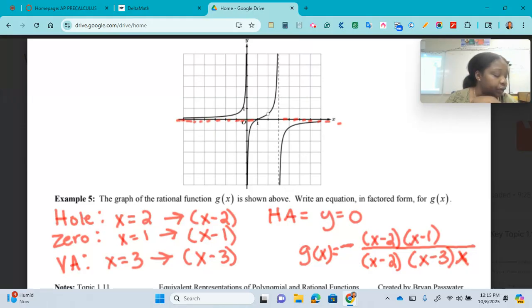And it's a negative rational function. There it go. Okay. All right.